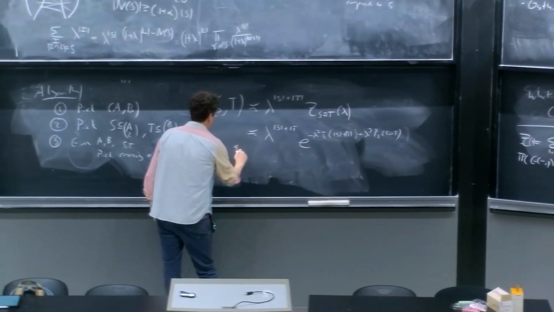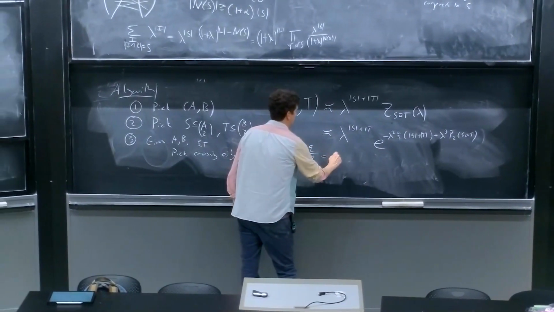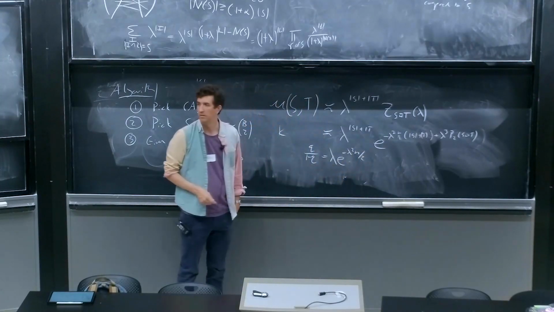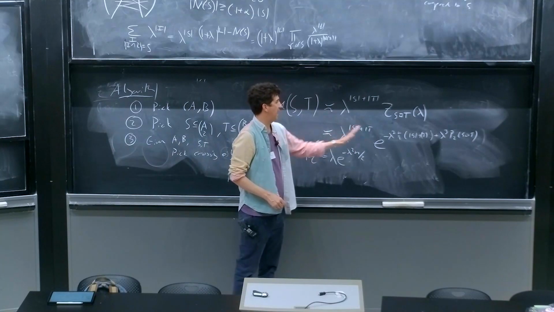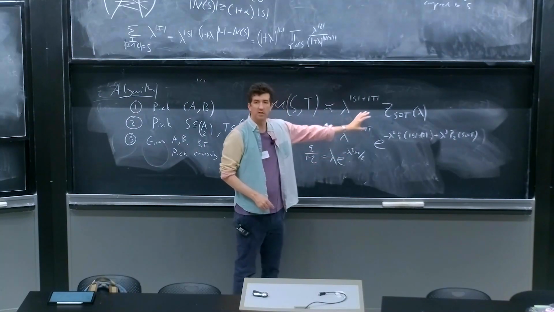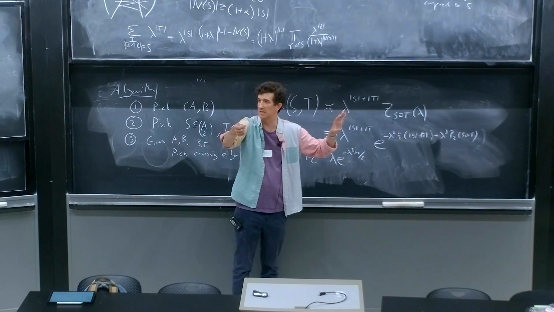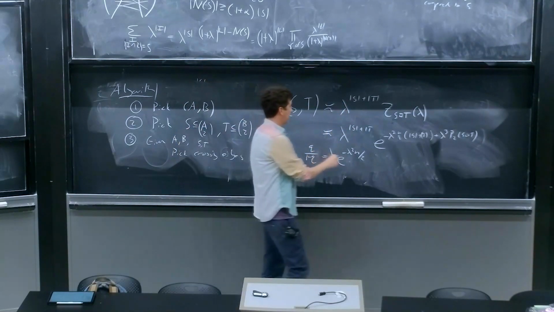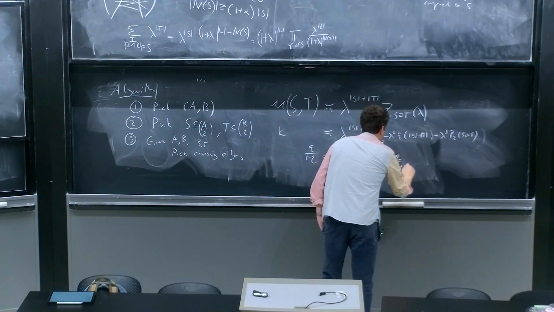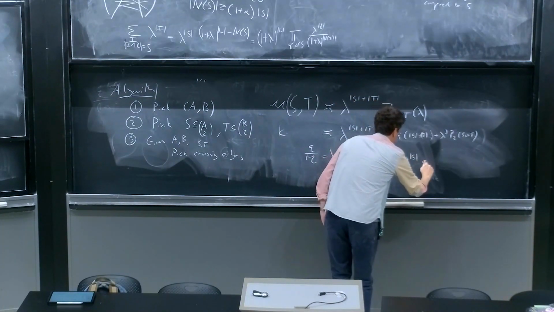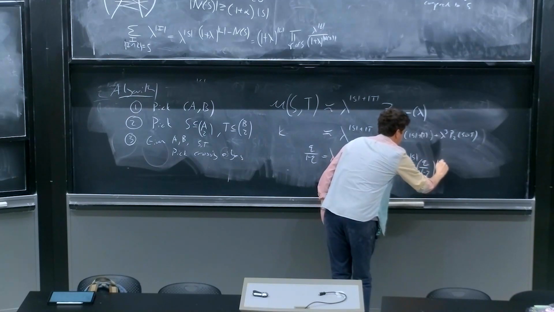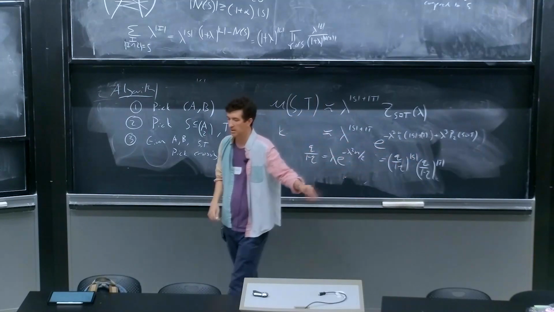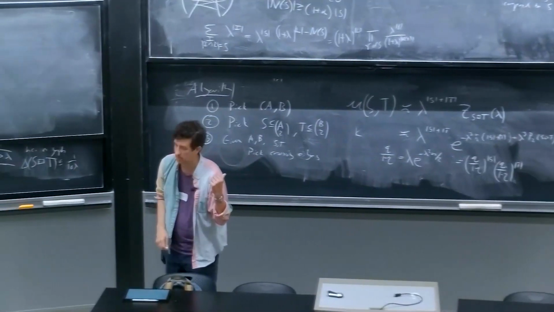So I want to define Q over 1 minus Q to be lambda e to the minus lambda squared n over 2. Right? I have something here, something that factorizes that's like some number to the size of S times some number to the size of T. I'm just going to call that some number Q, Q over 1 minus Q. So this now becomes Q over 1 minus Q to the size of S, Q over 1 minus Q to the size of T. Okay, let me hold off writing the P2s. What would it mean if that was the distribution?